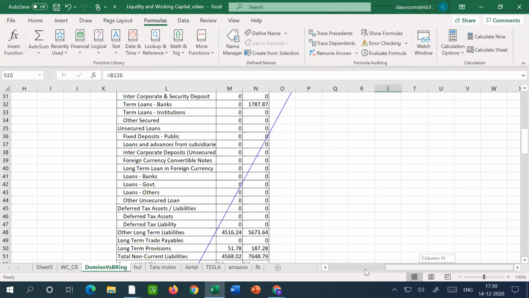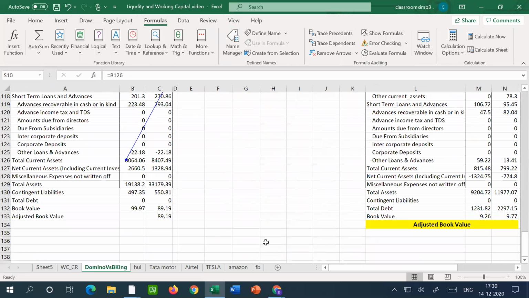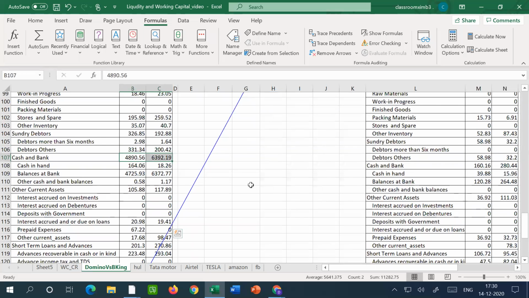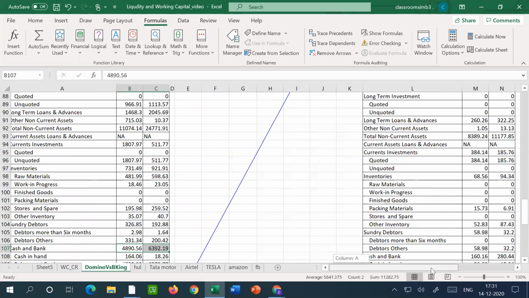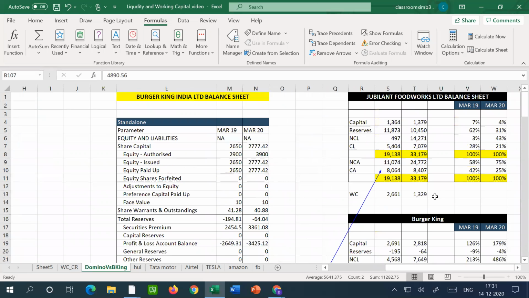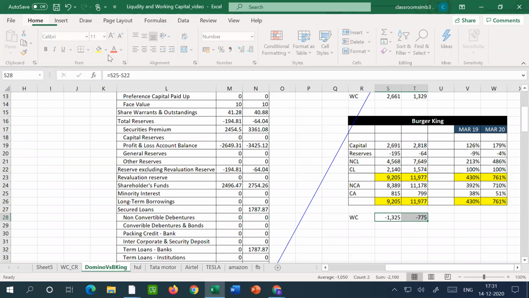Okay, so we can have a look at the current assets of Jubilant and see what is the composition. They have cash sitting on the balance sheet, and Jubilant manages the Indigo, whereas the Burger King, you have the negative working capital.